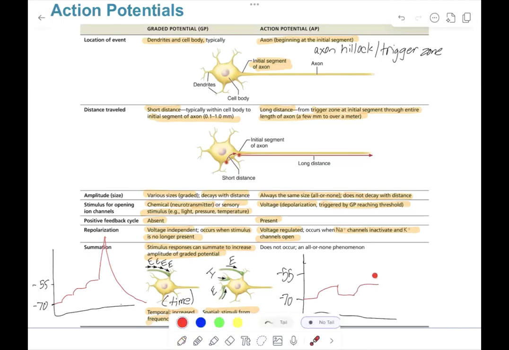There's still kind of summation, but they basically cancel each other out, so it never reaches that magical number of negative 55 for the threshold.